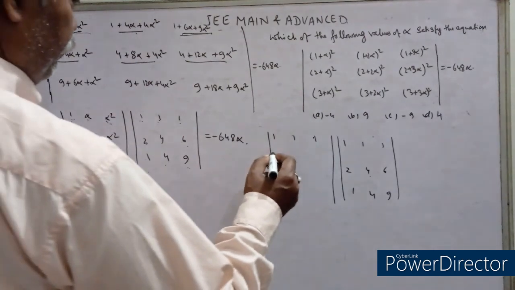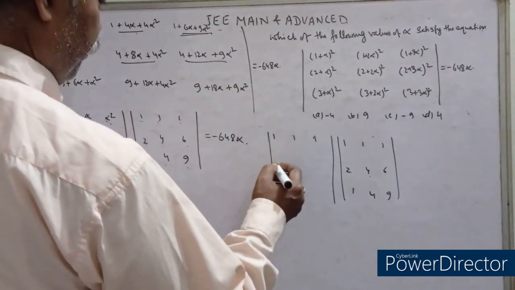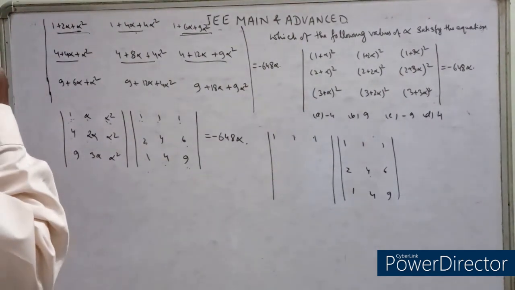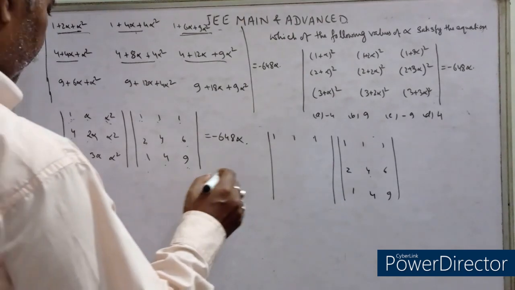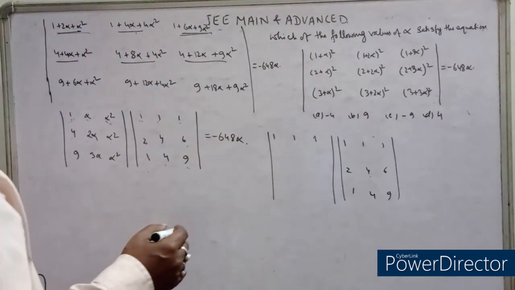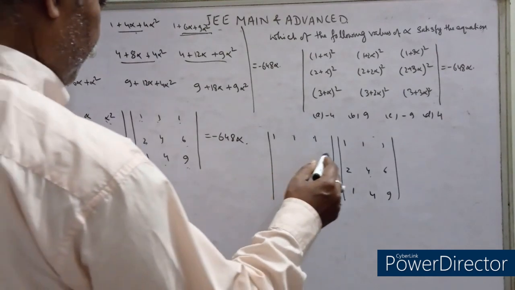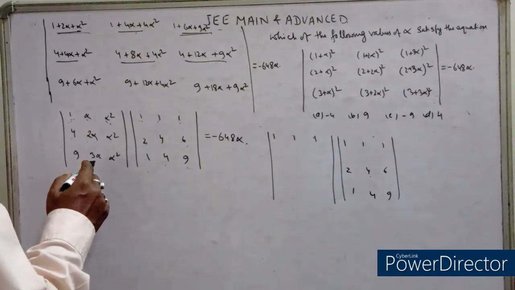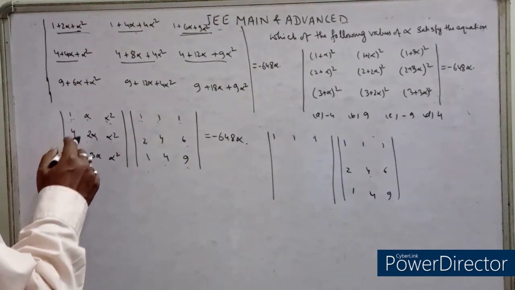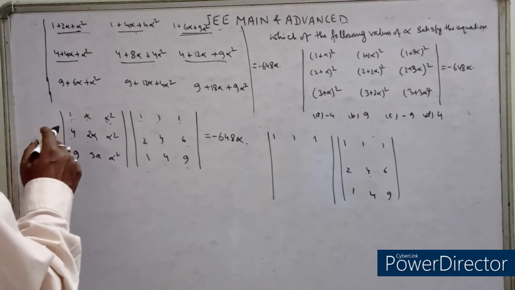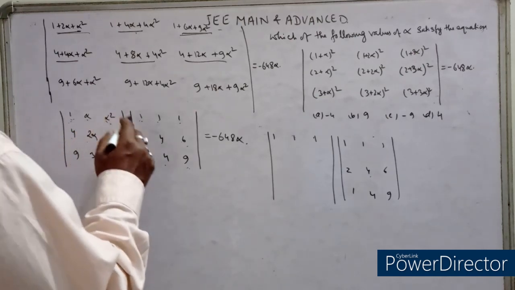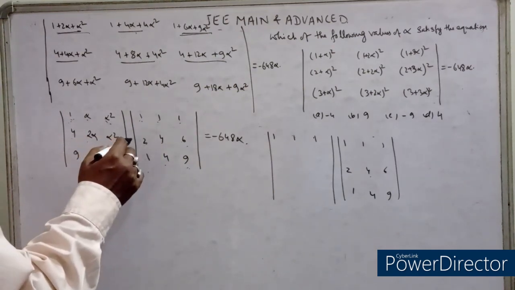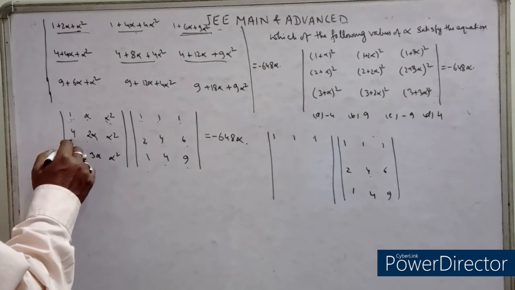So for this second one, similarly for this one, now 4 into this, this into this. For the second it will be this into this 4.